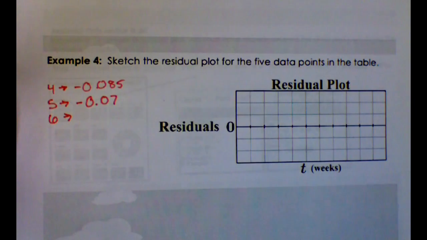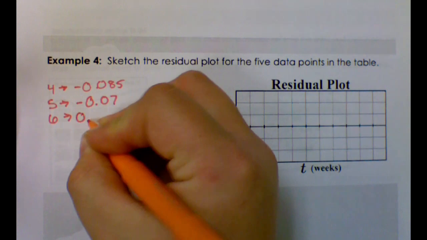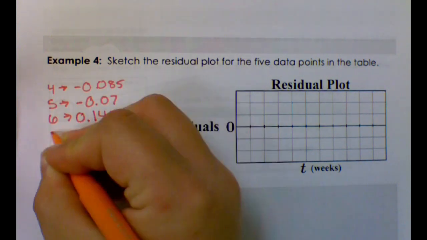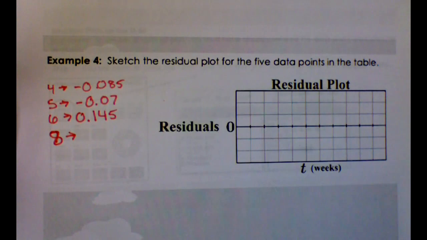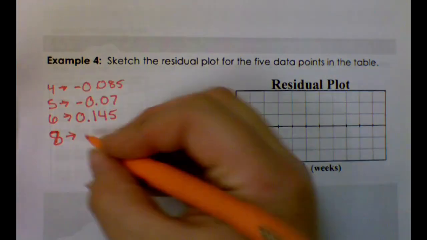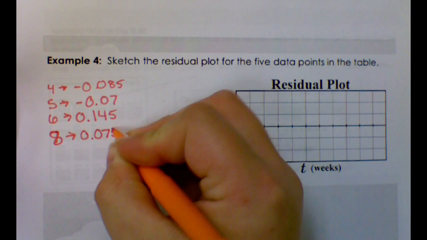6 weeks, take my actual minus my predicted at 6 weeks. I get positive 0.145. 8 weeks. Take my actual minus my predicted at 8 weeks. I get 0.075.